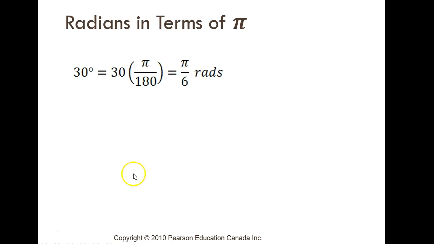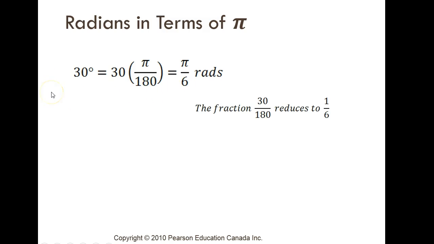Leave the pi in that expression. So the fraction 30 over 180 reduces to 1 over 6. So this is like 1 pi over 6, or pi over 6, or even 1/6 times pi. Different ways to look at it.